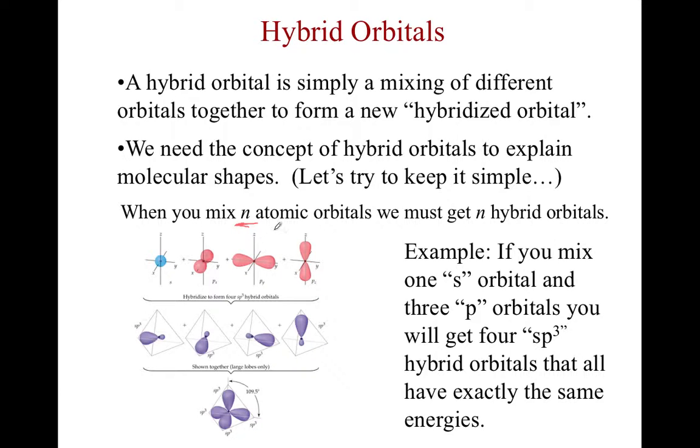The number of atomic orbitals you have is equal to the number of hybrid orbitals. So for example, if you have 1 S orbital and 3 P orbitals, you have a total of 4 atomic orbitals. So that means that we need to have 4 hybrid orbitals.